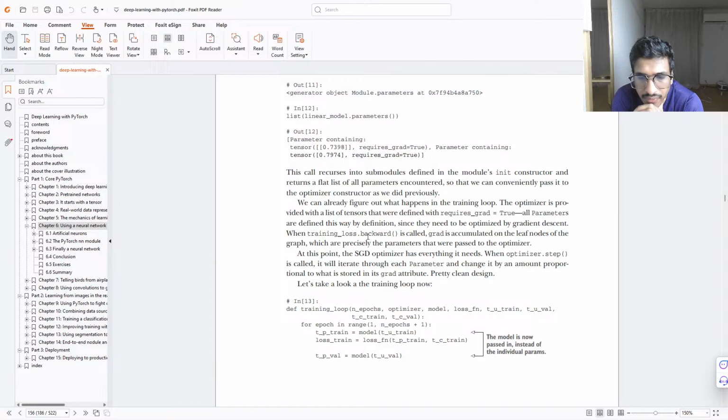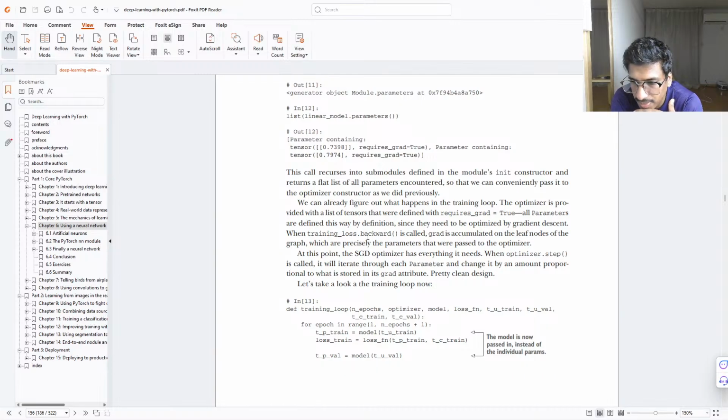We can already figure out what happens in the training loop. The optimizer is provided with a list of tensors that we defined with requires_grad True. Requires grad true means autograd starts tracking the parameters. All parameters are defined this way by definition.